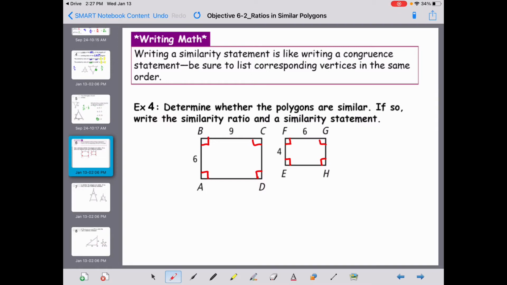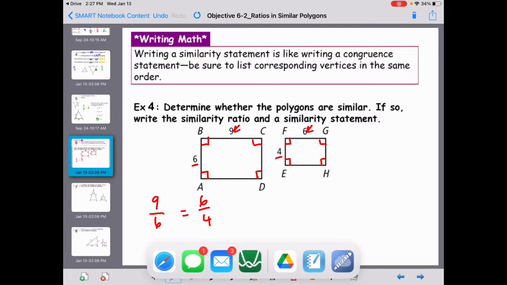All right? I'm going to take that as a given. And then I have to see if the long sides, which is 9 and 6, if that is the same as 6 to 4. So I'm saying this 9 and this 6 with this 6 and this 4.